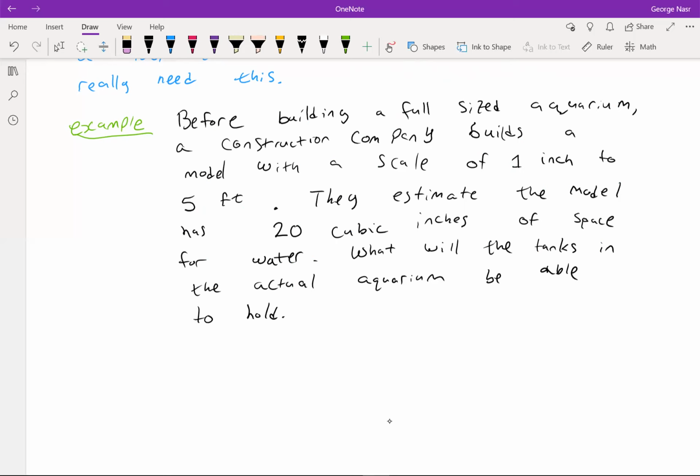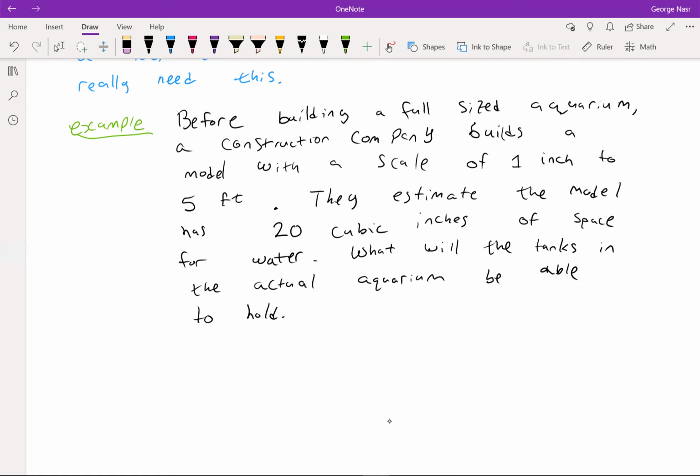Okay, so how do we go about this? We can think about the scale here as telling us our scale factor for the actual model.